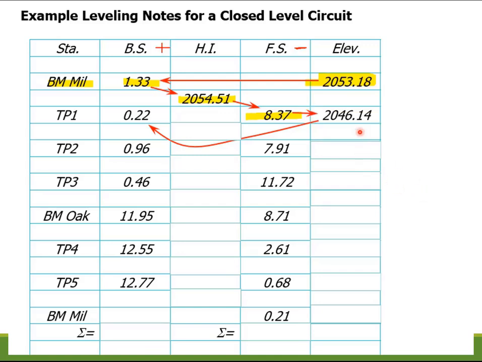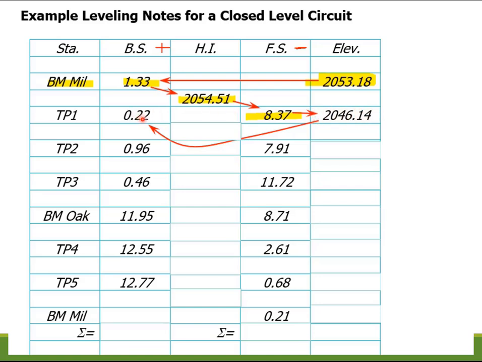And so from ground at any point, that ground elevation, we will add the backsight. We sometimes put a plus at the top of that column of backsights, because all these will be added to the elevation of our instrument.